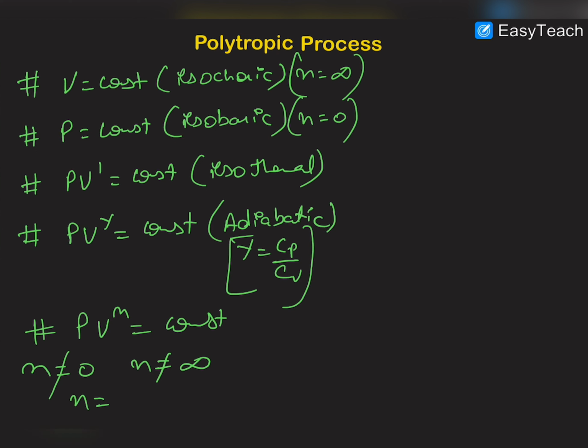If n is neither 1, because n is 1 is isothermal process, and n is neither gamma, because that is adiabatic process. So n is neither of any one of them, so this is some other process, and we categorize this process as polytropic process.